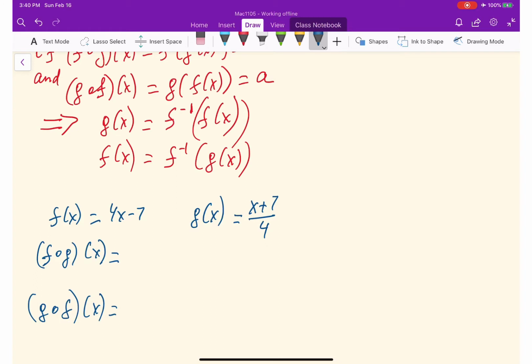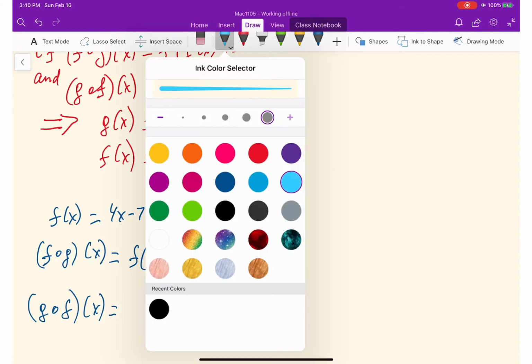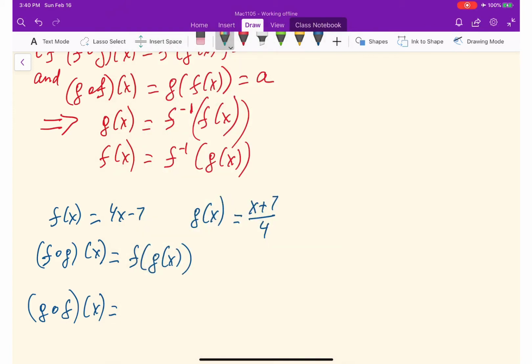So f composite with g of x is equal to f of g of x, where g of x is x plus 7 over 4. So f of g of x is equal to 4 times x plus 7 over 4, minus 7.